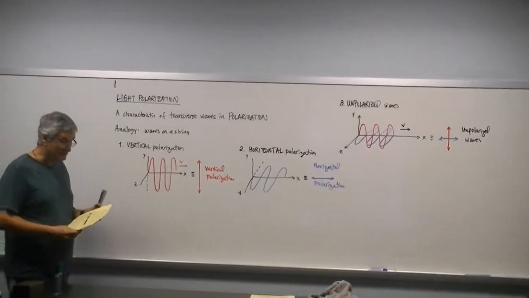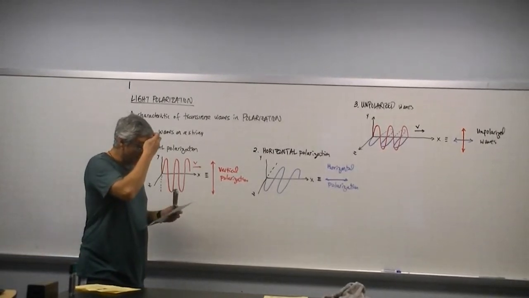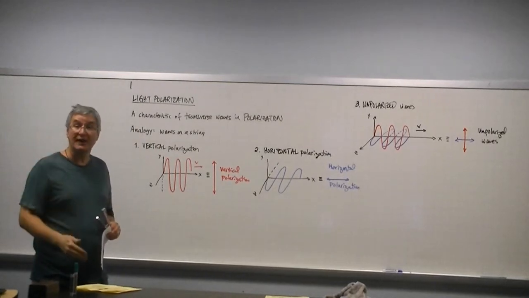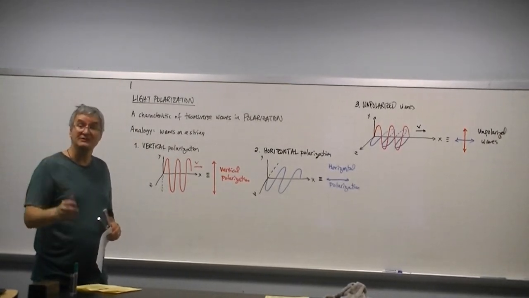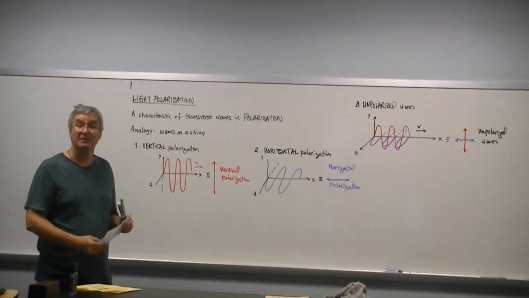Now, one of the characteristics of these waves here that is really useful is that you can filter out one of the polarizations if I have a particular type of a filter that can do that here.